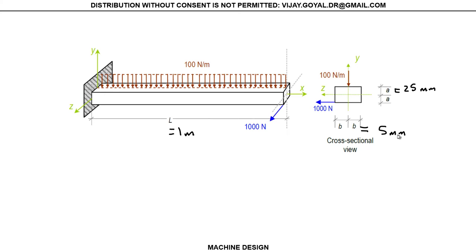Just watch out with the units, otherwise you end up in trouble. So here the problem is that this is actually located here at the bottom surface, and this is your centroid. So you have to worry about this load, but this load before we start has to be pulled over.